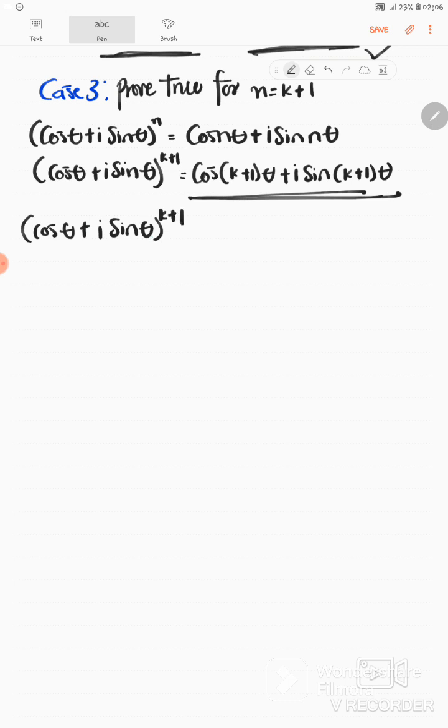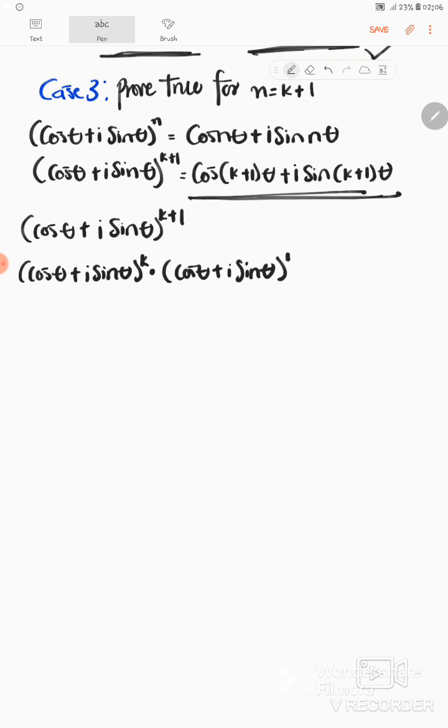With our knowledge of indices, we can open this to be (cos theta plus i sin theta) raised to power k times (cos theta plus i sin theta) raised to power 1. I hope this is open and clear to us.